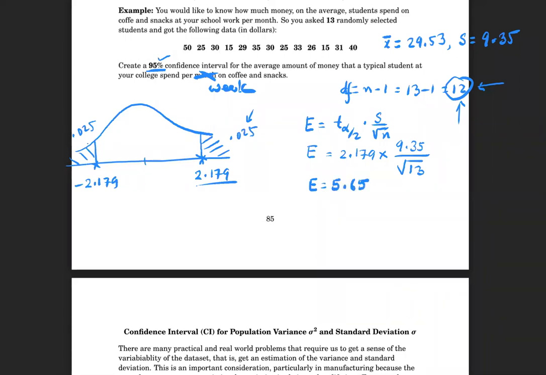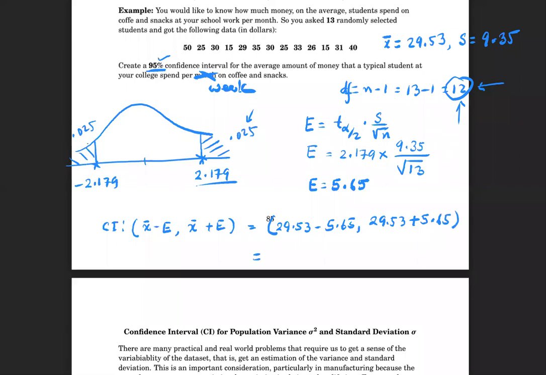So your confidence interval is going to be X bar minus E, comma, X bar plus E, which is 29.53 minus 5.65, comma, 29.53 plus 5.65.